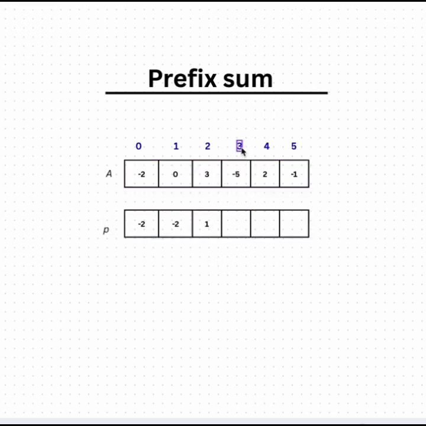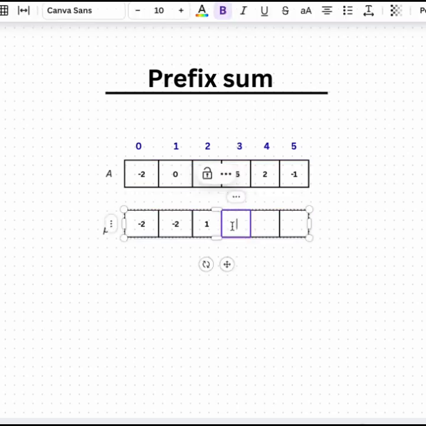And then we go to the third index. Same thing again. It's -2 plus 0, we know gives us -2, plus 3, we know gives us 1, plus -5, well, that's just going to give us -4. But I'm hoping that at this point, you guys have figured out that there's a pattern emerging.